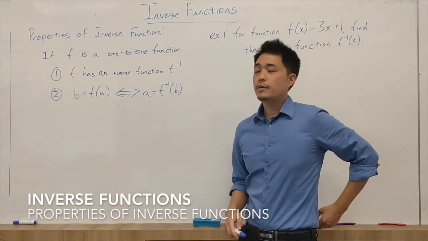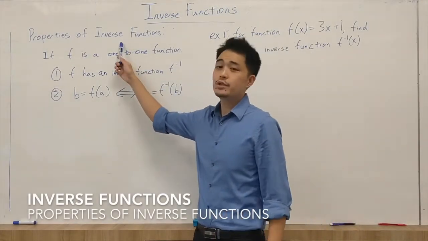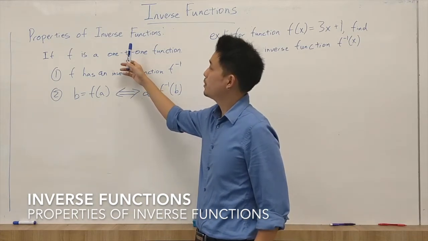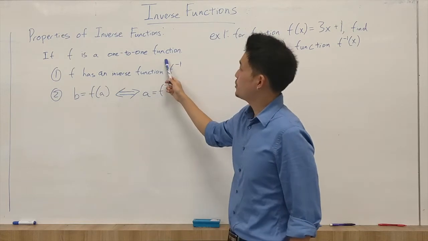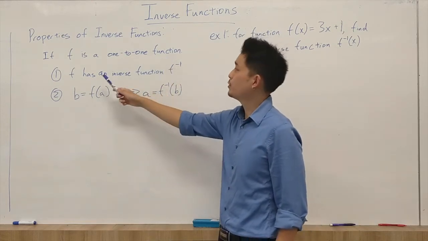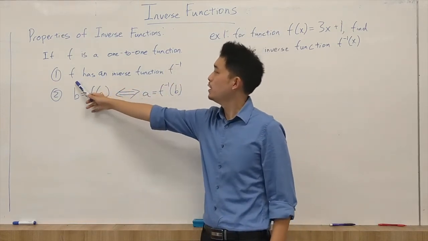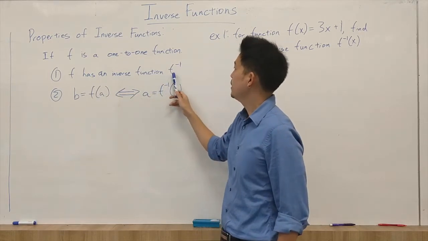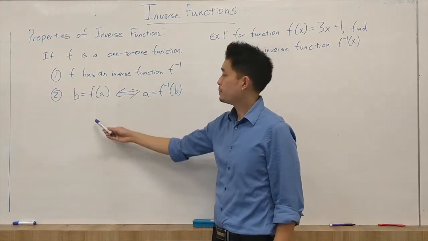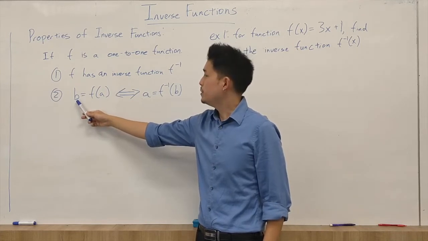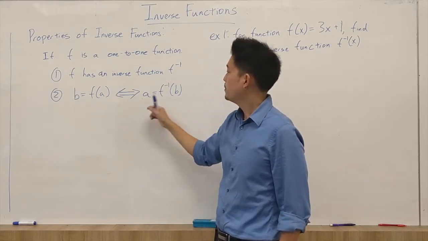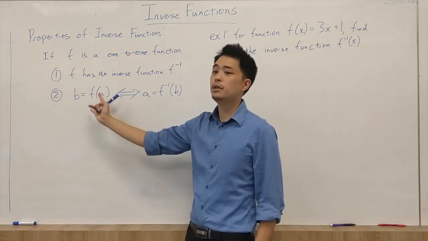Okay, so guys, that brings us to properties of inverse functions. And there are 2 basic properties. If f is a one-to-one function, all one-to-one functions are going to have an inverse function. So f is going to have an inverse function f of negative 1. And the other property, of course, is if b equals f of a, then for the inverse function, we could just flip the b and the a.